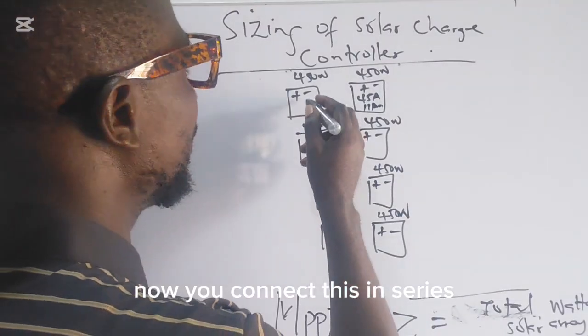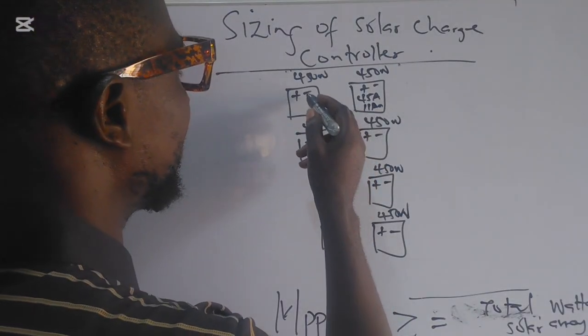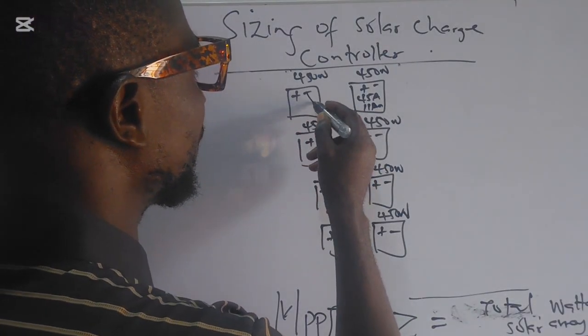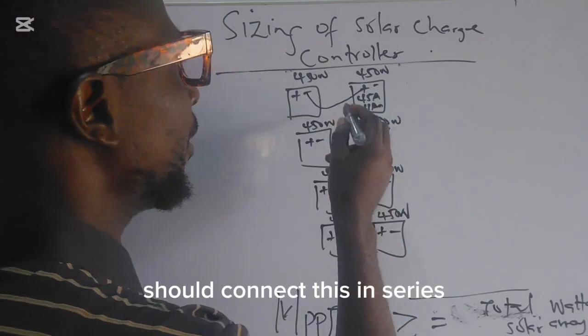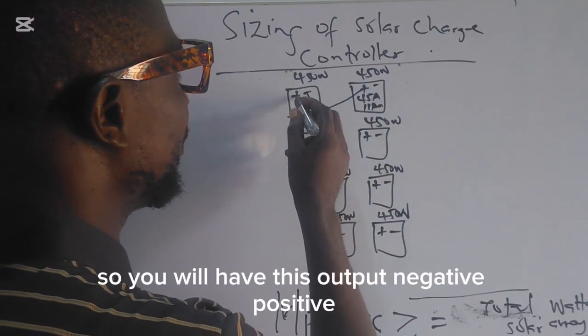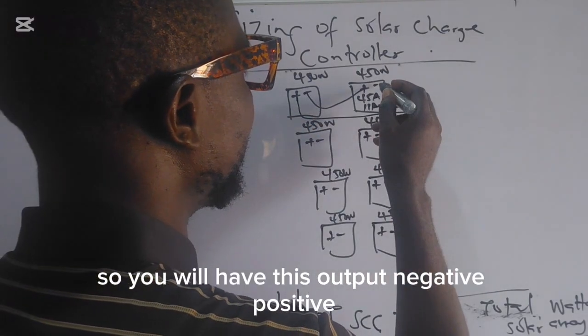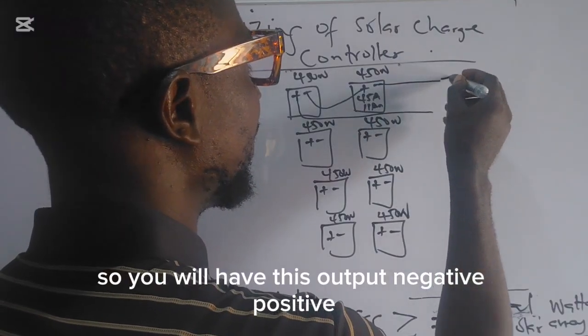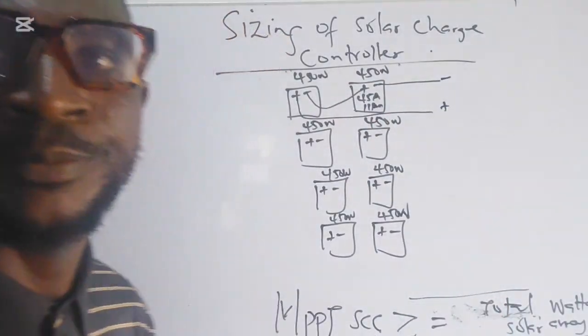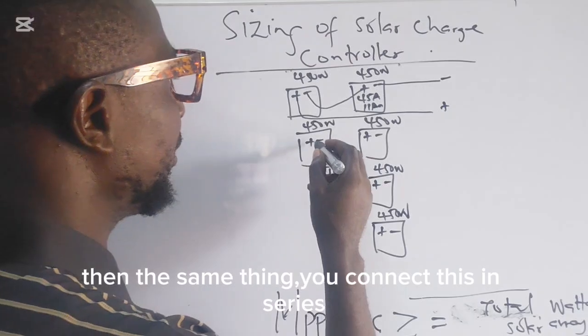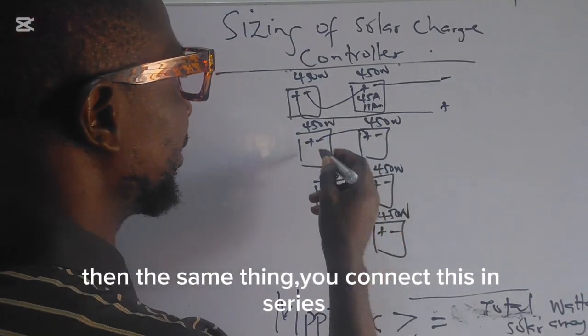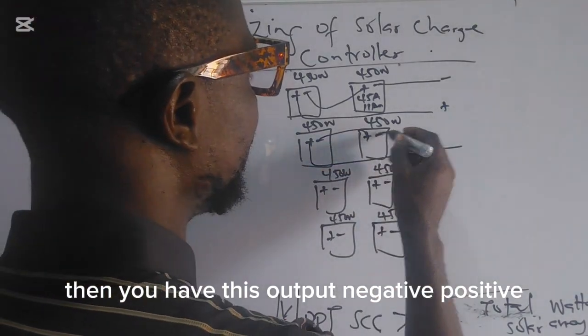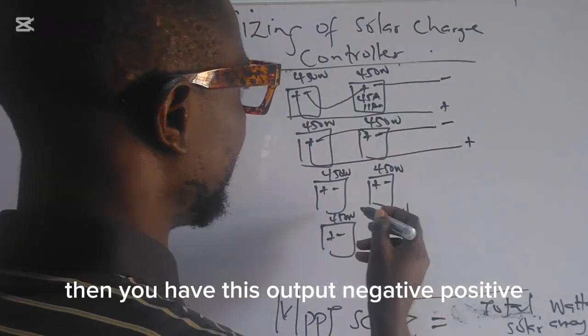Now you connect this in series. If you connect this in series, you will have this output, negative, positive. Then the same thing, you connect this in series, then you have this output, negative, positive.